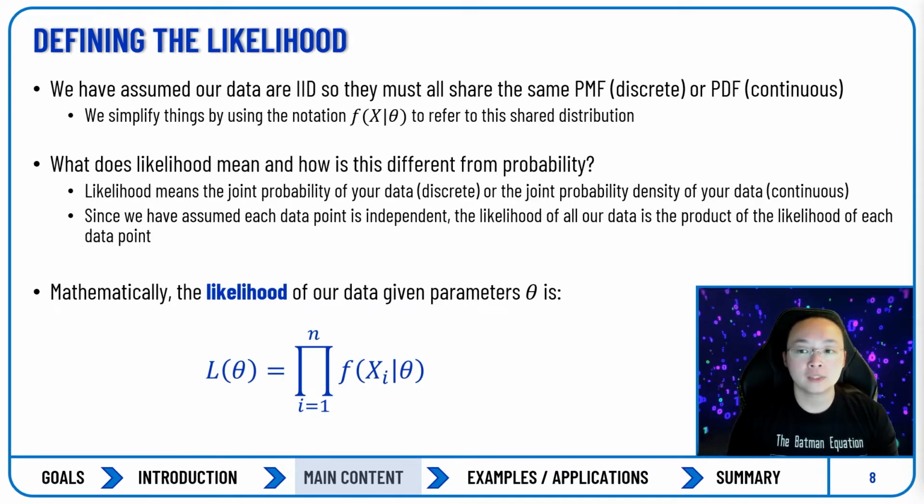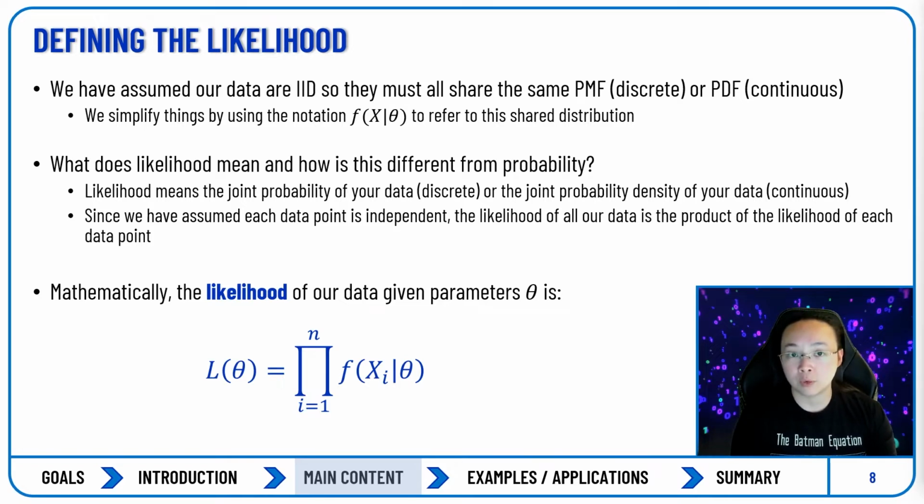So what does likelihood mean and how is it different from probability? First of all, likelihood refers to the joint probability of your data if it's discrete, or the joint probability density of your data if it's continuous. It means we're looking at the combined or total probability of everything. Since we have assumed that each data point is independent, the likelihood of all of our data is the product of the likelihood of each data point.